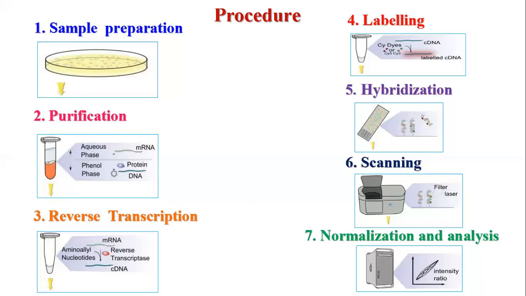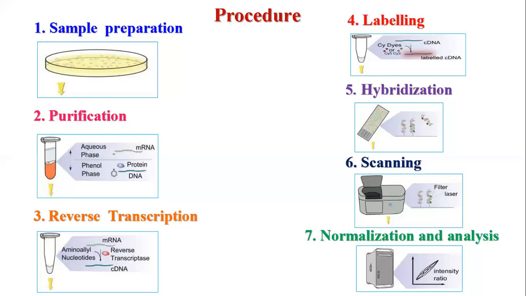I have considered here the cultured adherent cells. The fully grown cultured cells are washed using 1x PBS multiple times to remove the traces of medium present there. Then you have to go for lysis of the cell pellet to get the messenger RNA from the cells.